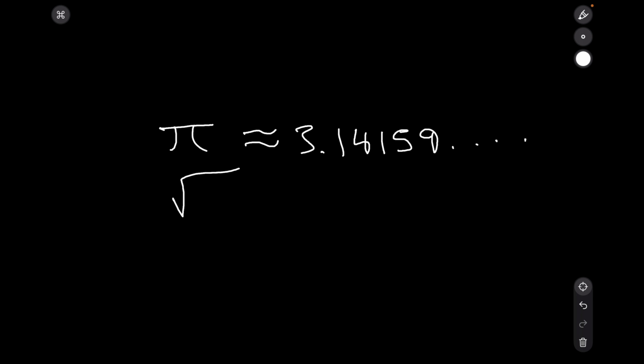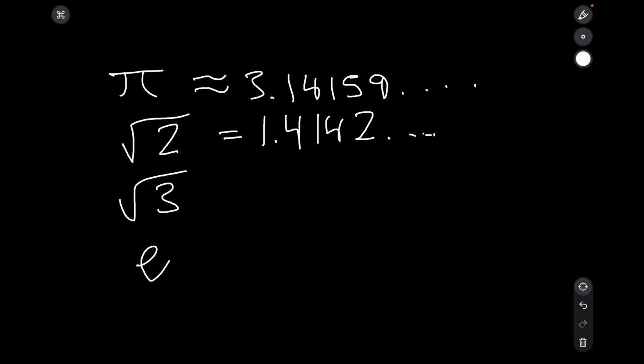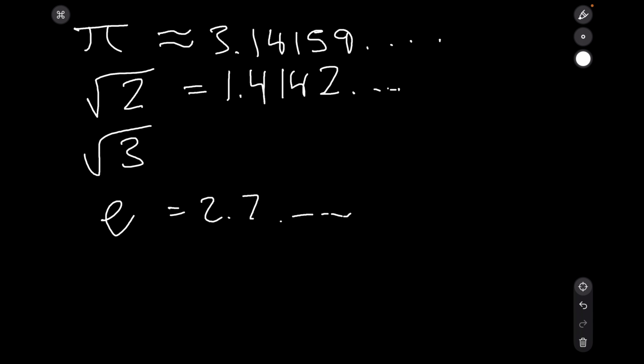The square root of 2 is 1.4142 and so on. Square root of 3 and e. These are all irrational numbers. These decimals never end and they never repeat predictably. That's what makes them irrational.